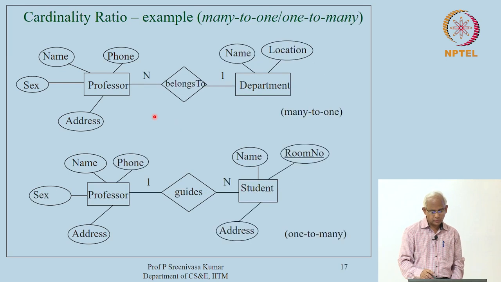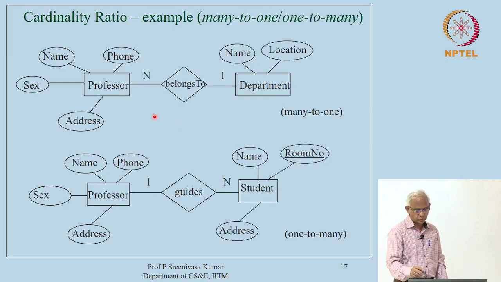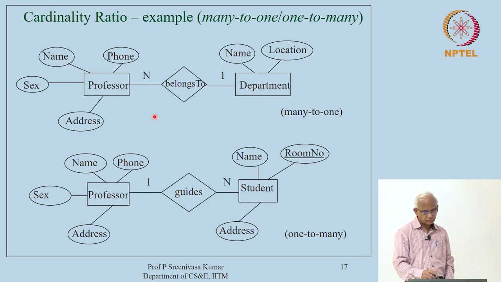Moving on, here are 1 to many, many to 1, and many to many kinds of relationships. Let us say we have a policy in the institute that each professor has to belong to exactly one department. Again, this is a ground reality, a policy in the institute.